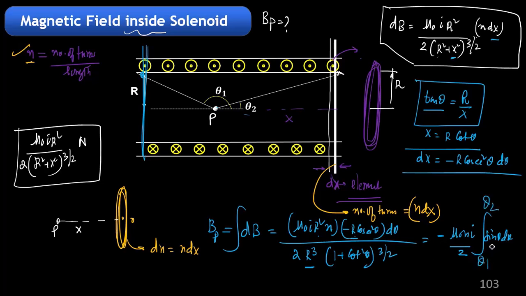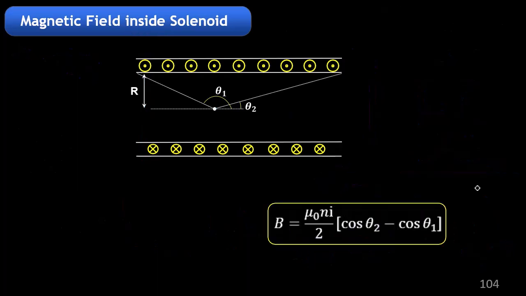If I solve this, the integral of sine theta is minus cos theta. So minus will cancel out. Ultimately, I am left with cos theta 1 minus cos theta 2. I am doing it once again. So B that I am getting equals integration of dB, that is minus mu naught into small n into I by 2, integration of sine theta d theta, with limit from theta 1 to theta 2.